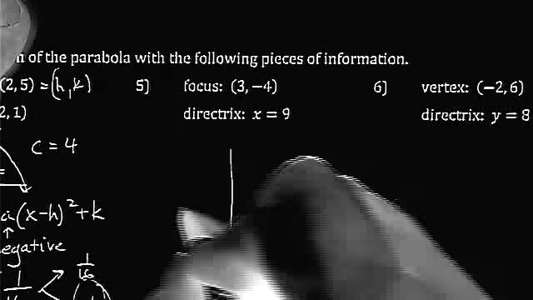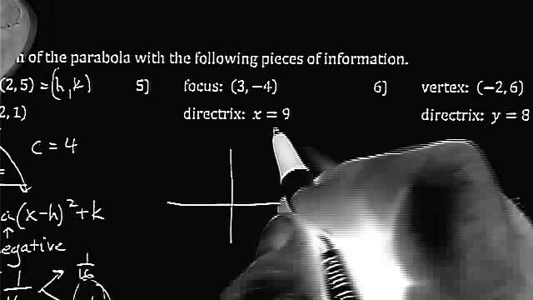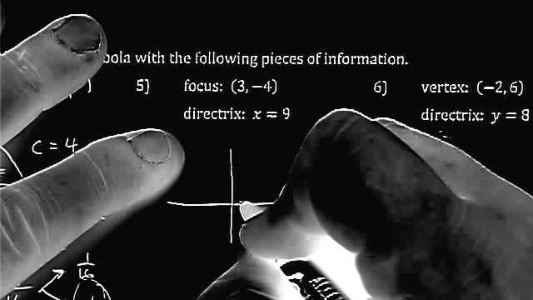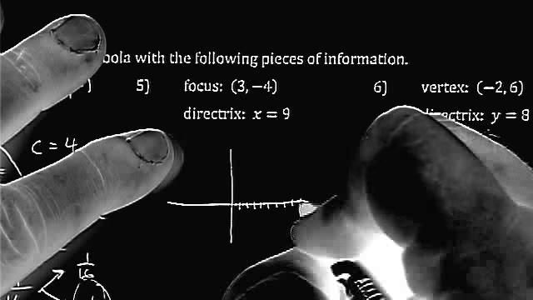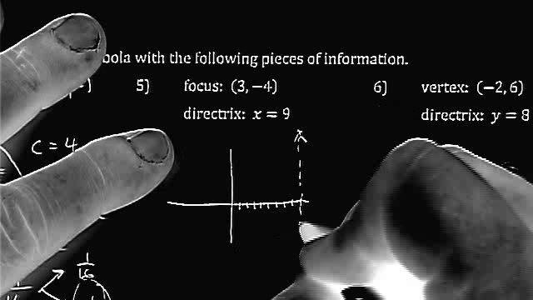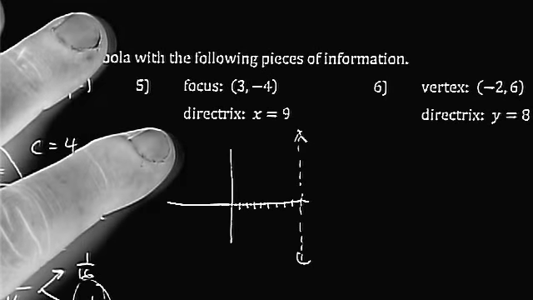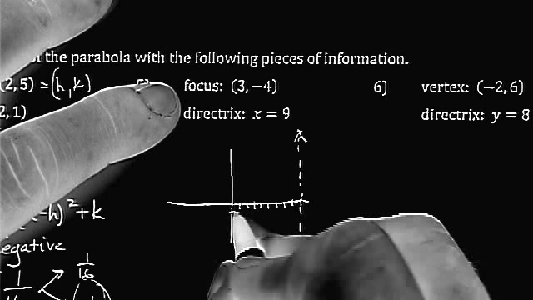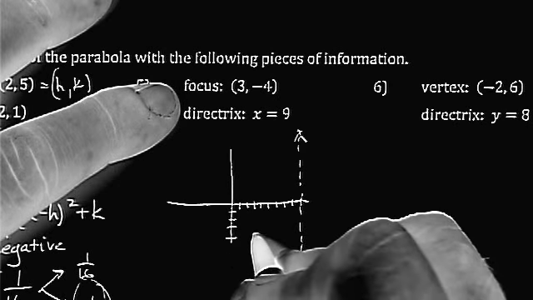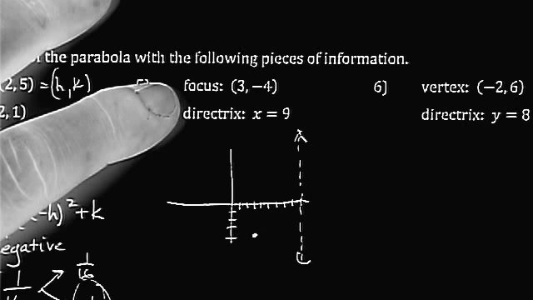So, let's see what's going on here. The directrix is x equals 9. 1, 2, 3, 4, 5, 6, 7, 8, 9. And it's a vertical line. The focus is at 3, negative 4.